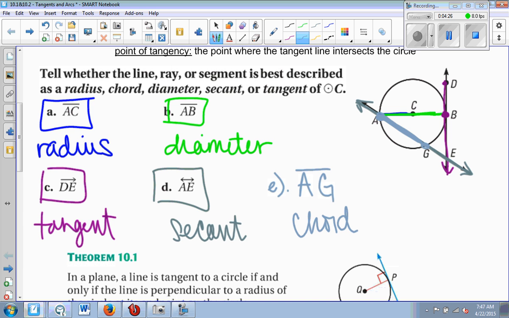If I changed it and asked you about line AG, where it would continue through AG, we would actually have a secant, not a chord. That's the difference between a secant line and a chord. A secant is a line without end, and a chord is a line segment with endpoints on the circle. It's a little bit of touchy vocabulary, kind of a technicality, but it is the way it is.